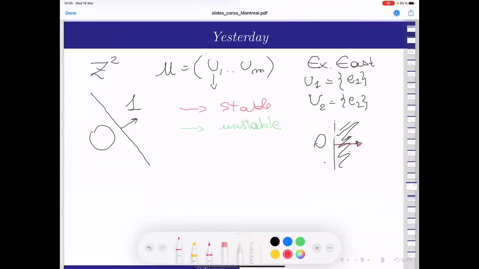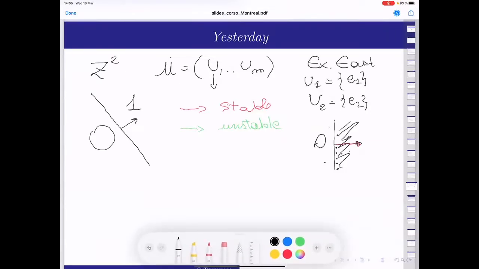Why? Because all the occupied sites have the site above and the site to the right occupied. So the constraint is not satisfied: none of the 2 sites is empty. So this direction is stable.